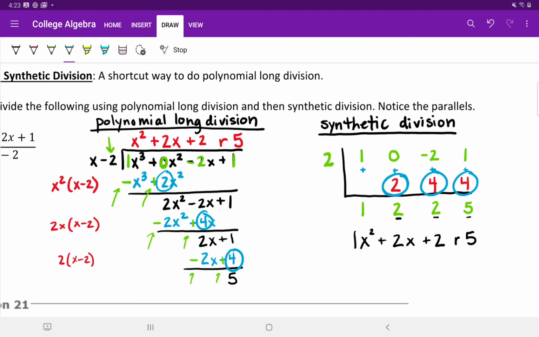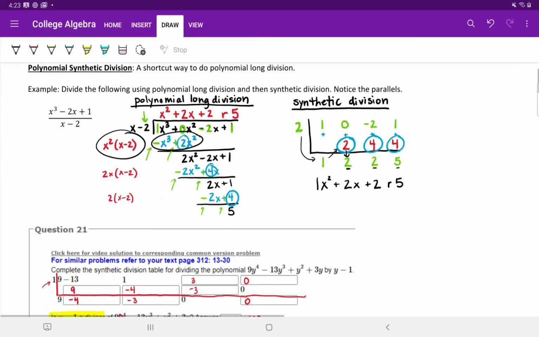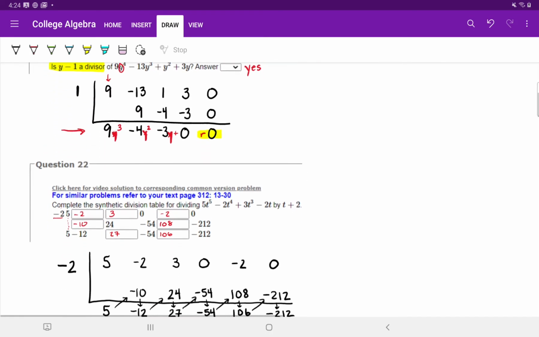And ultimately, we end up with the same exact answer because of the fact that we started with the opposite sign, and they just cut through all of these steps where we first multiply and then add. Here's our multiplication going this way, and then here's our addition going this way. It's just a very shortened, quick version. But you can kind of see where all the numbers belong in the polynomial long division, but with synthetic, you're going to save a lot of time.